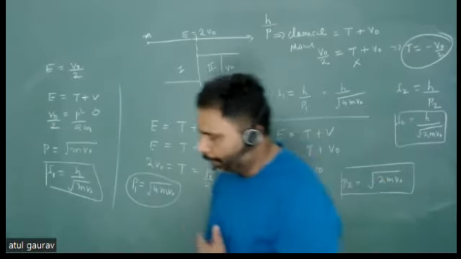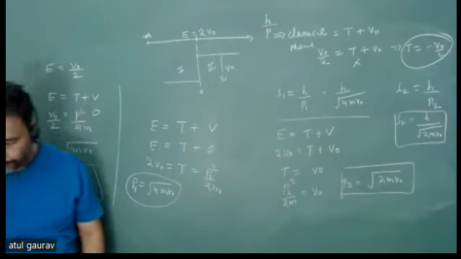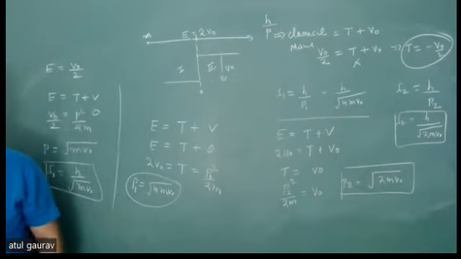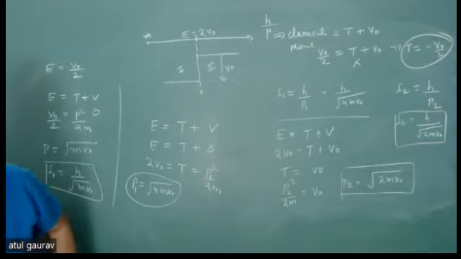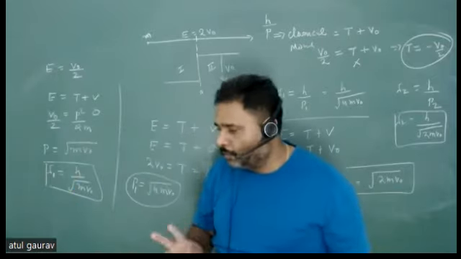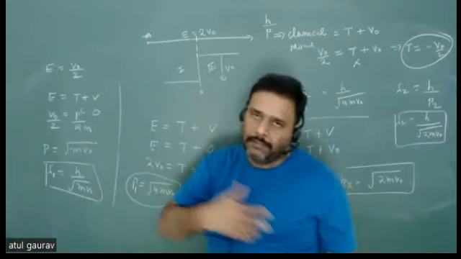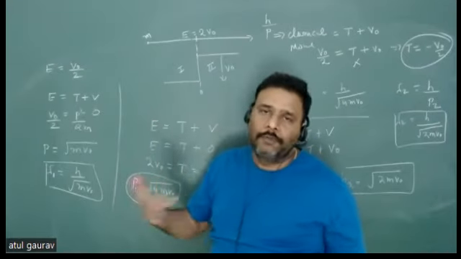Is everything clear up to here? Everyone is comfortable? If you want to ask anything, you can ask right now. So we have just gone through the two experiments: one is Bragg, and Davisson-Germer, and then we made a hypothesis.